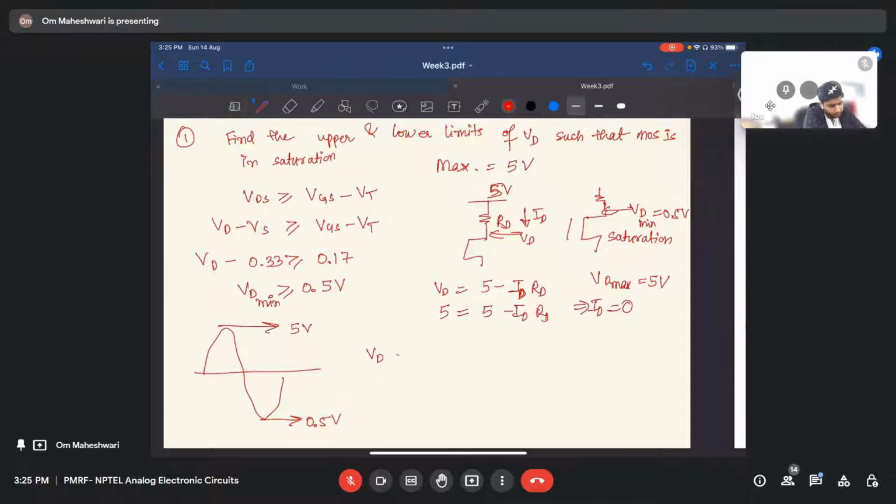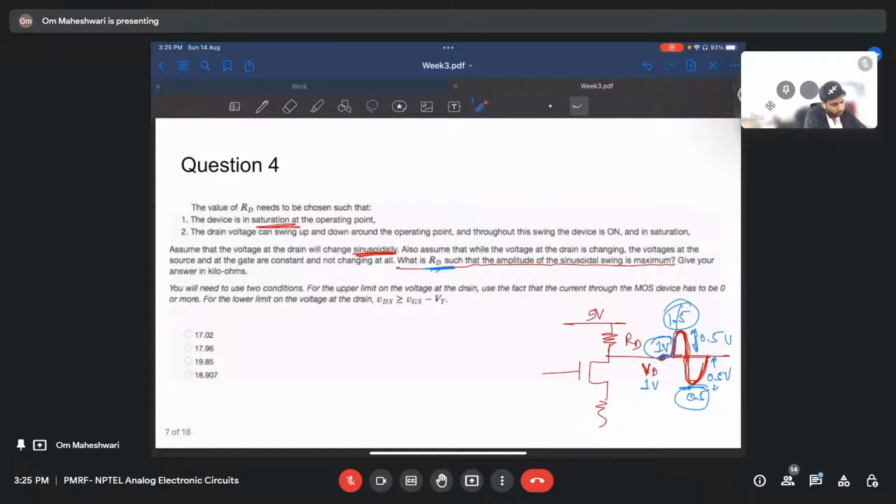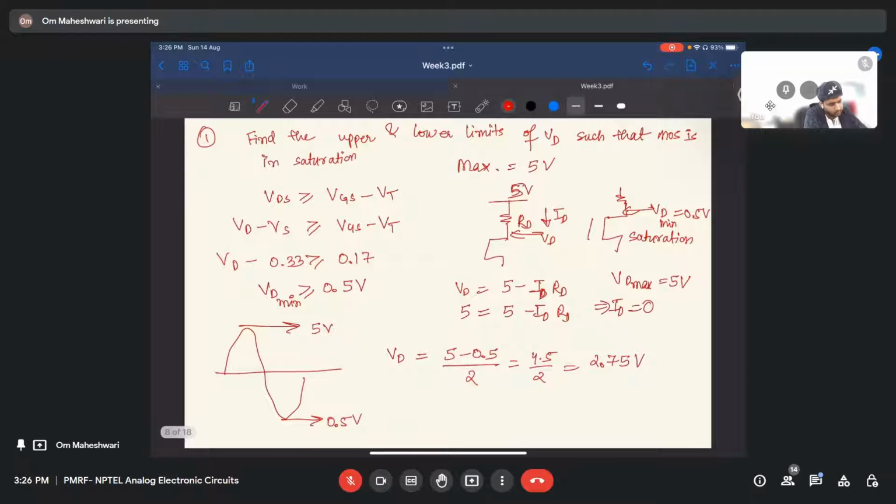So VD we will place as 5 minus 0.5 by 2, that is 4.5 by 2, 2.75 volts. Now we have selected one VD, but our aim was to find RD. So for this VD we will find RD. So we will use this same equation, VD equals 5 minus ID RD.